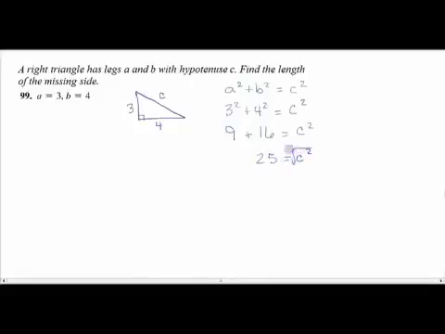I'll take the square root of both sides, remembering the plus minus, and c equals plus or minus 5. Again, in the context of this problem, it doesn't make sense to have a negative length. So I'm going to throw out the -5 and keep just a +5 for my solution.